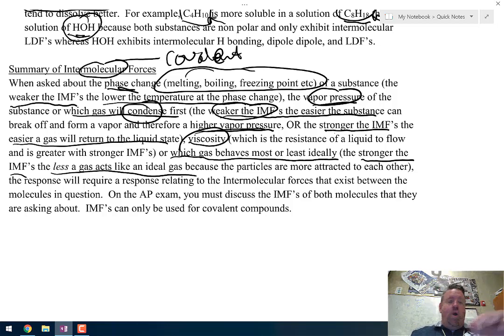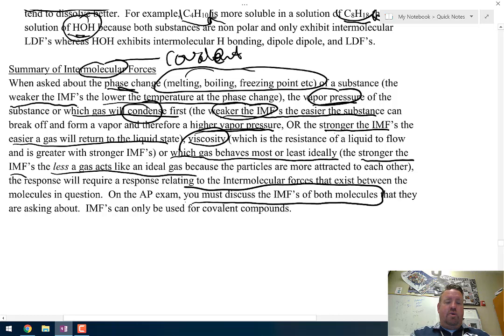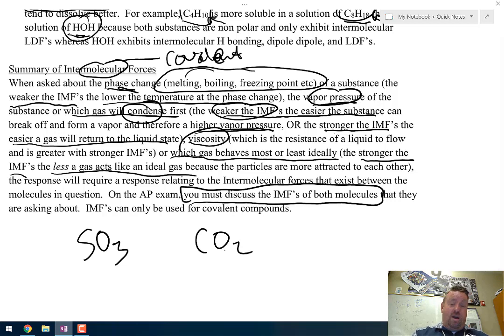Okay? When they ask you about intermolecular forces on the AP exam, you always discuss the intermolecular forces of both molecules. If they ask you to compare SO3 and CO2, you have to talk about it. CO2 is a nonpolar molecule, therefore it only exhibits London dispersion forces. SO3 is also a nonpolar molecule, also only exhibiting London dispersion forces.